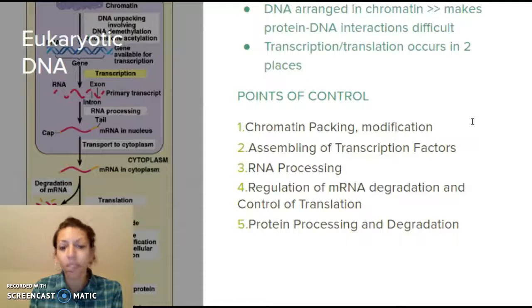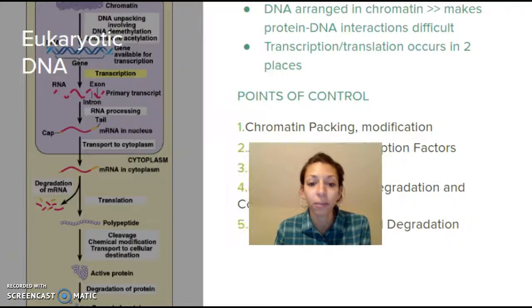Now, there are many different points of control as far as eukaryotic gene regulation goes. So remember that the expression of a given gene won't necessarily go through all these steps that we see in this diagram right here, but there are lots of different points within this entire process of protein synthesis where our genes can be regulated.